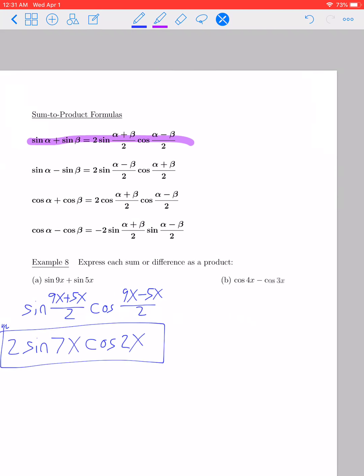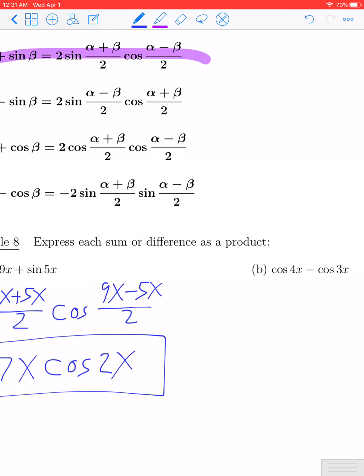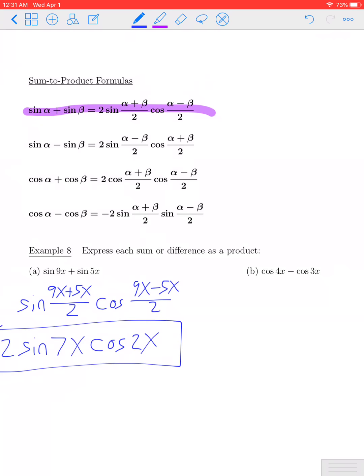In part B, we're asked to write the cosine of 4x minus the cosine of 3x as a product. For this particular one, we're going to be using this formula here. It's the cosine of alpha minus cosine beta.